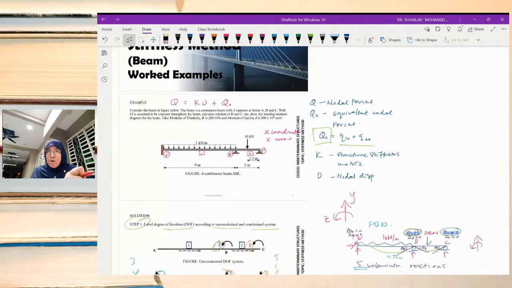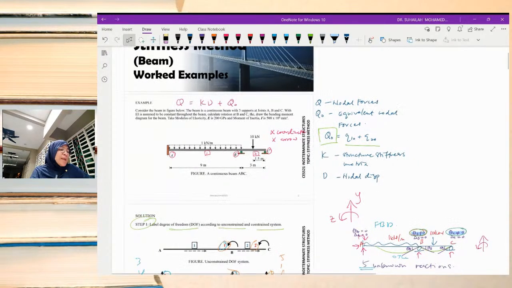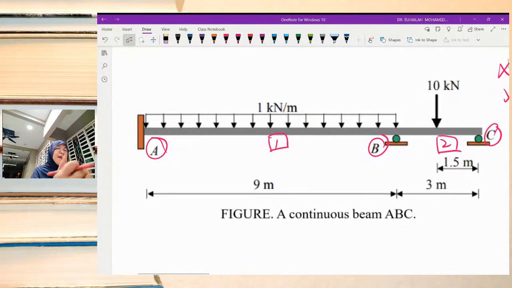we just need to understand that we will have Q naught whenever we have loading like this. UDL is the load that is subjected along the member, not at nodes. So we have to distribute it to the nodes, and we have to distribute it equivalently.